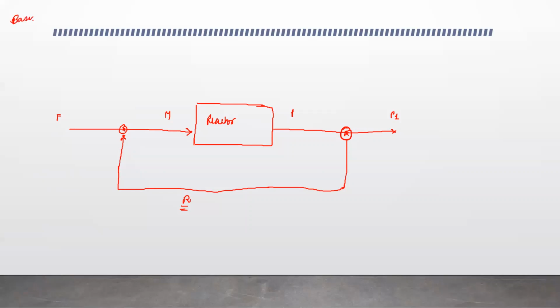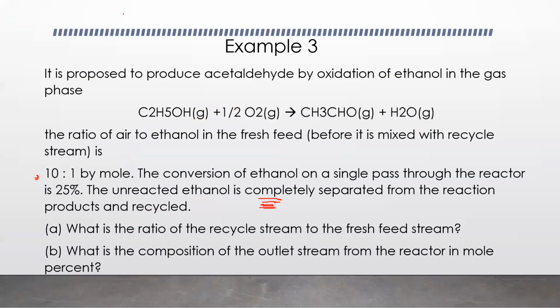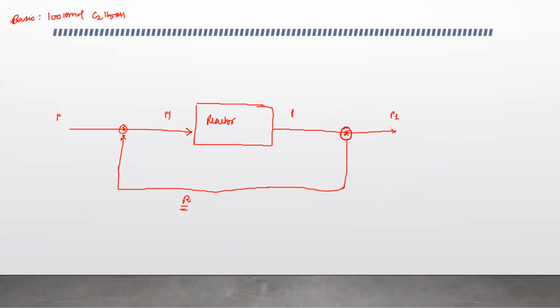Our basis that we are going to take is 100 kilomole of ethanol. All right. Since the air to ethanol ratio is 10:1, air would be 10 times that of ethanol. So air is equal to 10 into 100, that is 1000 kilomole.